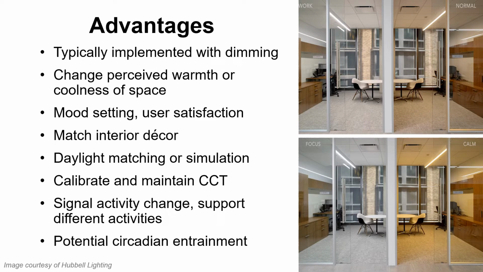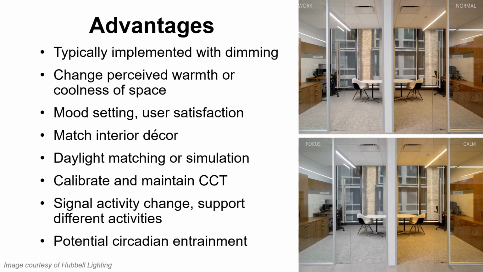It can be used for mood setting and to suit the preferences of a tenant, owner, or individual user. We can match room finishes, especially when they change on a seasonal basis or when a space undergoes an interior design remodeling or a brand theme change. We can simulate daylight or candlelight to set a mood or match gallery lighting to the works of art on display.